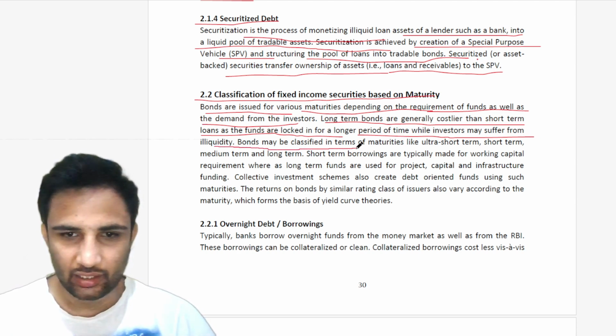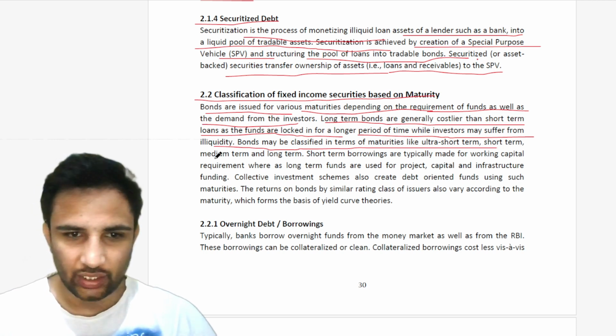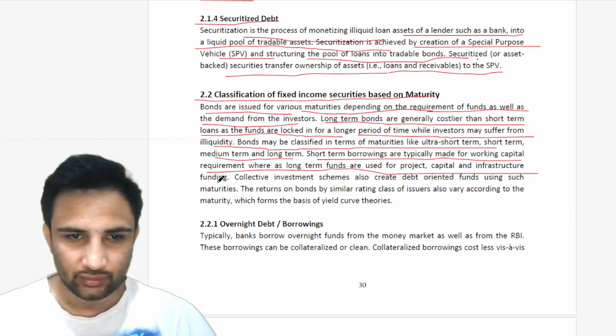Bonds may be classified in terms of maturities like ultra short-term, medium-term, and long-term. Short-term borrowings are typically made for working capital requirement, whereas long-term funds are used for project capital and infrastructure funding.